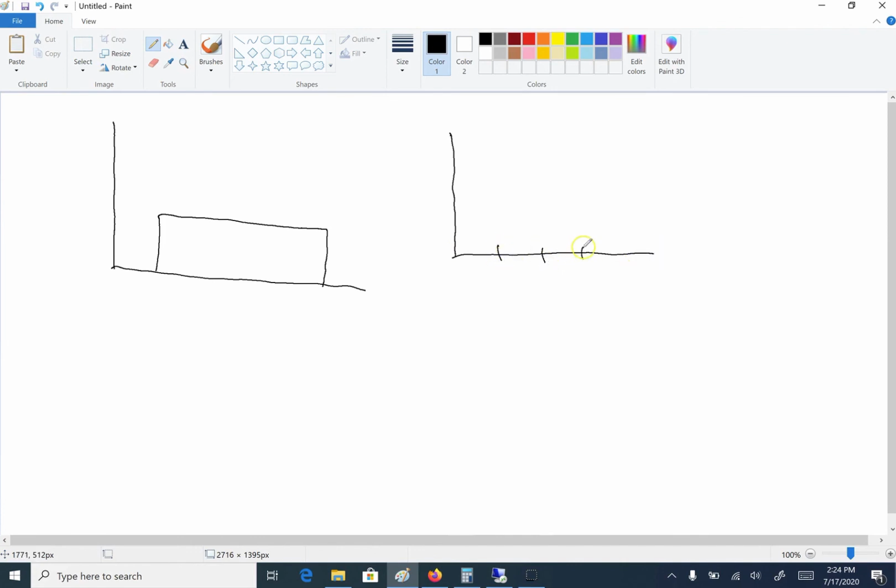Theoretically, there's an equal chance for somebody to throw 1, 2, 3, 4, 5, or 6. So that's why it's called a uniform distribution, because there's an equal chance for each result.